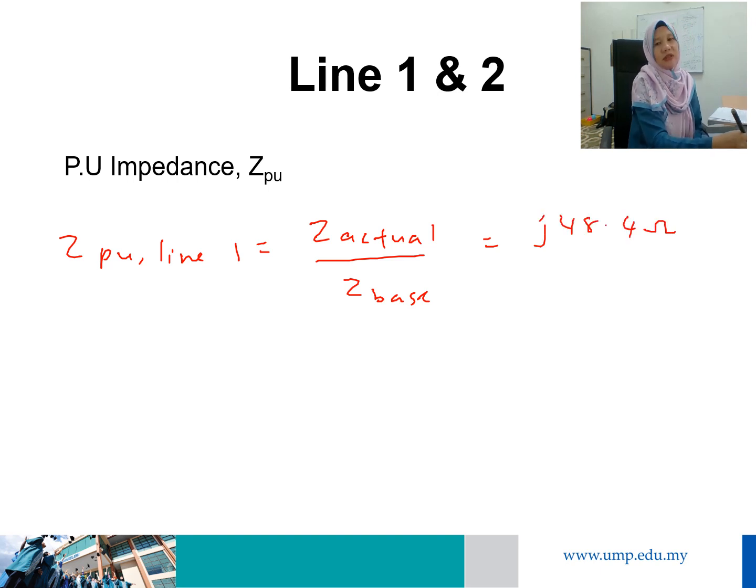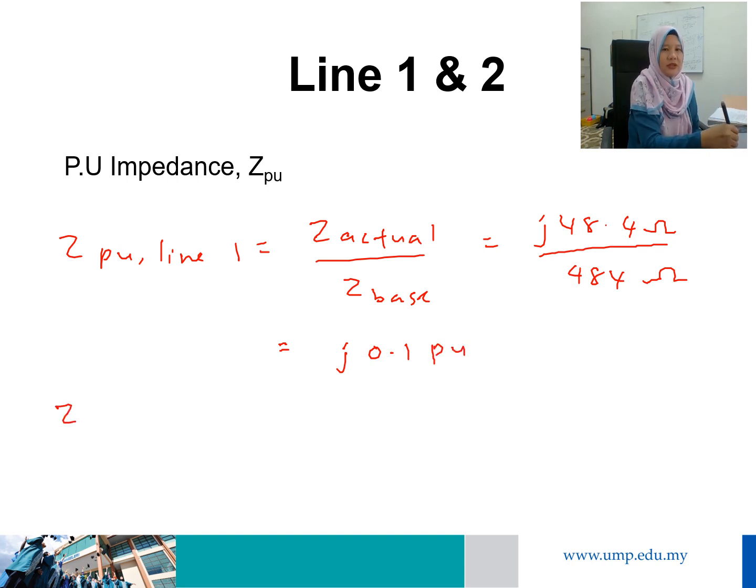This is the actual impedance due to inductance at transmission line 1, divided by the Z base, which is 484 ohm. And thus we get the impedance in per unit for transmission line 1 equal to j0.1 PU.